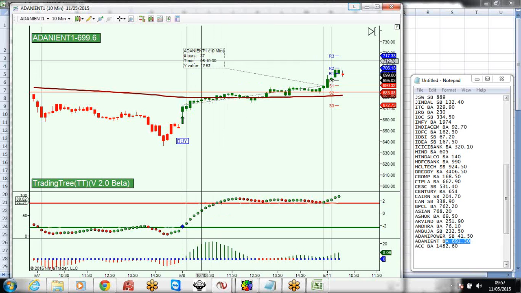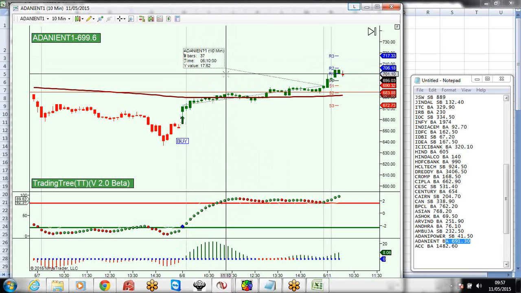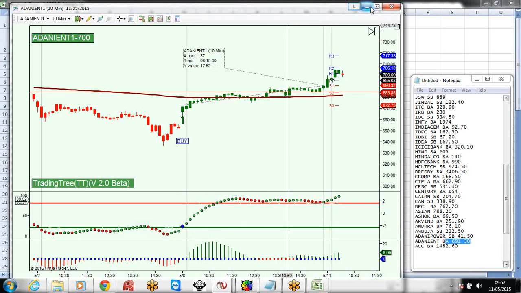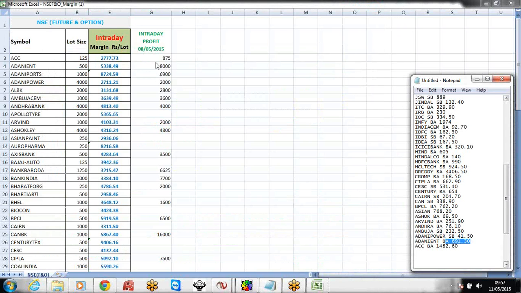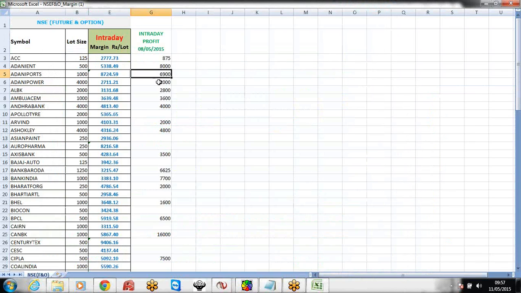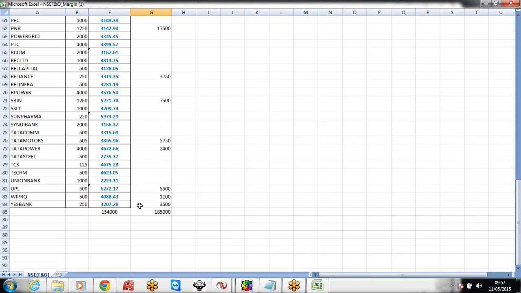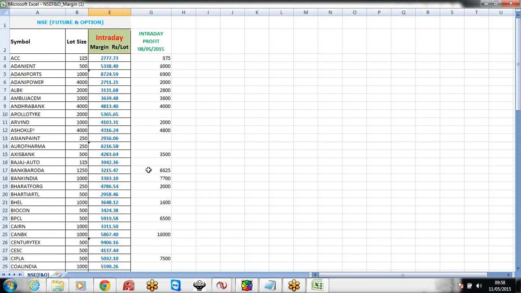So the Y value is nothing but the profit. You just have to multiply this Y value with your lot size. That's 500 for lot for Adani. We closed all these trades at 230. So these are some of the profits that you have. If you roughly have around 2 lakh rupees in your account, you'll be able to comfortably trade in many scripts.